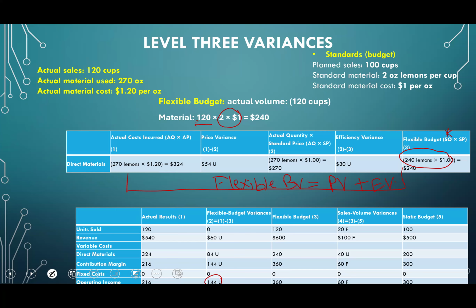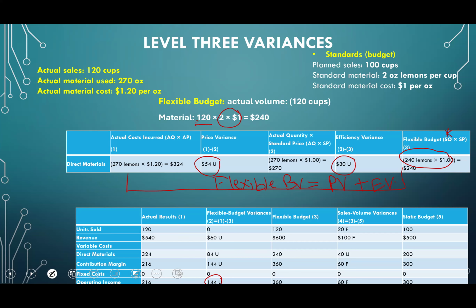If I were to compare the flexible budget variance from there into 54U, what's going on? Did I say something wrong?